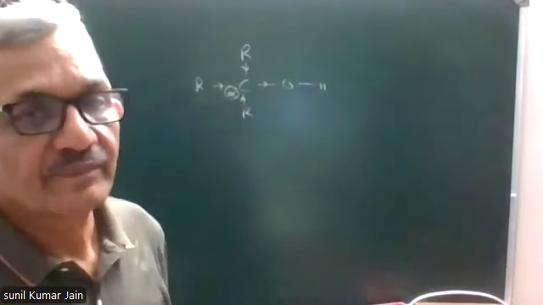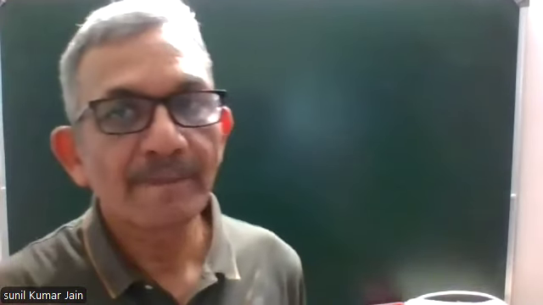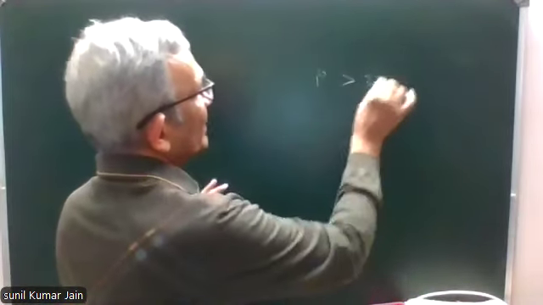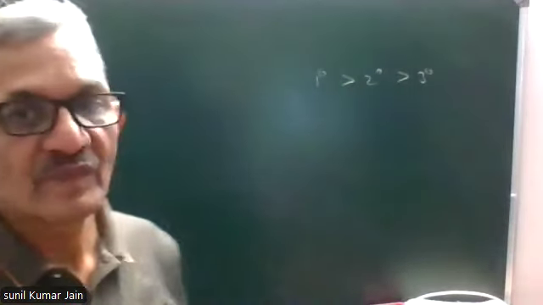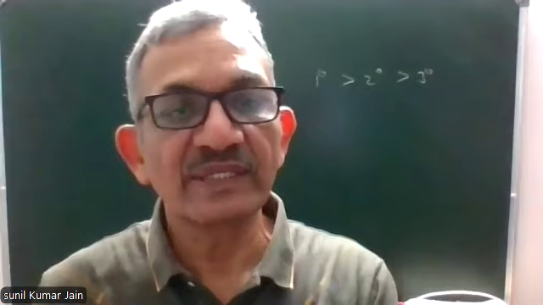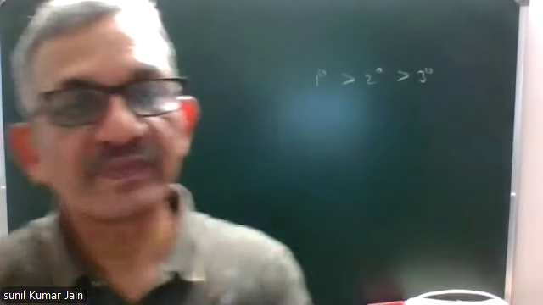That is why the acidic strength of alcohols is in the order: primary more than secondary more than tertiary.